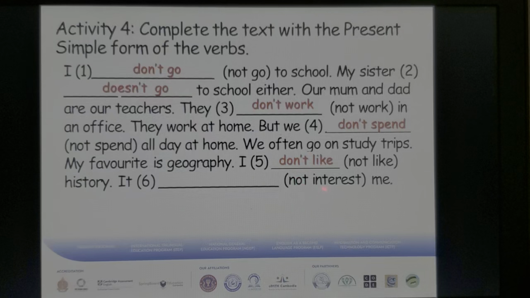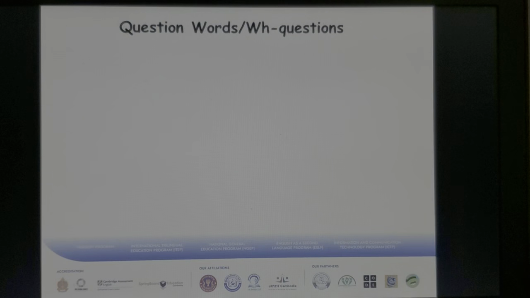The verb is not interest. Negative. So it what? It does or it doesn't. So the answer is it doesn't. It doesn't interest me. Okay, it doesn't interest me. Thank you. So this is the end of activity number 4. So move to activity number 5.